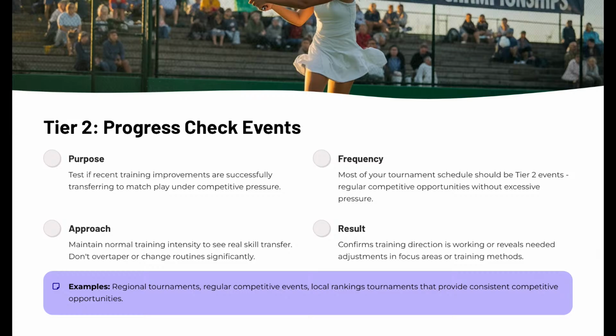Not the highest level competition that you're ever going to play, but a step down from that. Maybe it's a place that you get points that you accumulate or need to accumulate to get into the higher events, but ones where you're pretty sure that you're going to have that probably 2-to-1 win to loss ratio. And so it's a good place to confirm.